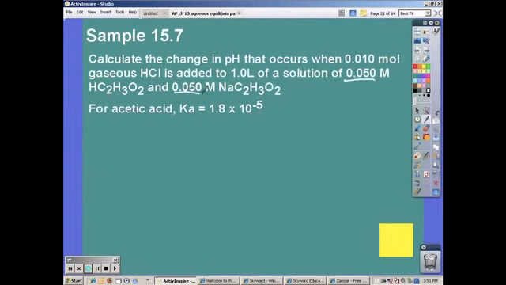So pH is equal to 4.74 plus log of 0.04 over 0.06. And our pH, before we add the acid, is 4.74 since our acid and base concentrations are equal, so log of 1 is 0 and pH equals pKa.